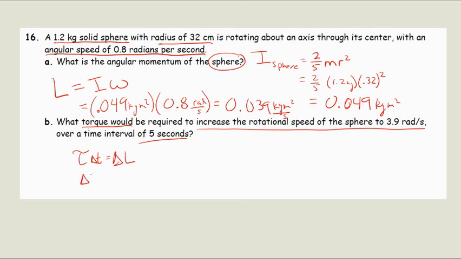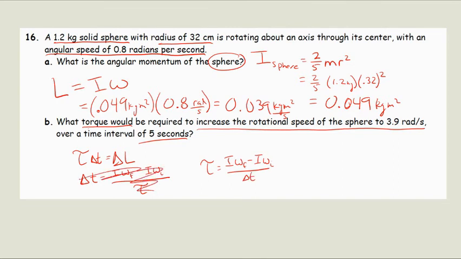So we're actually going to solve for our torque: torque is equal to I omega final minus I omega initial, divided by change in time.